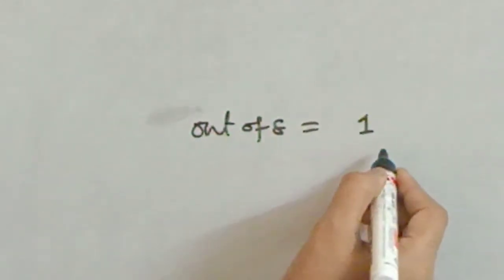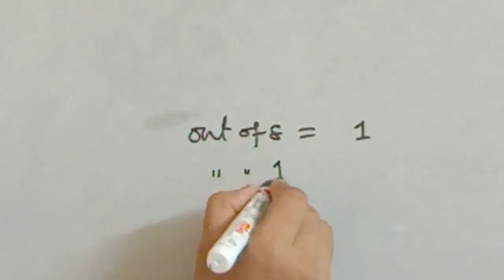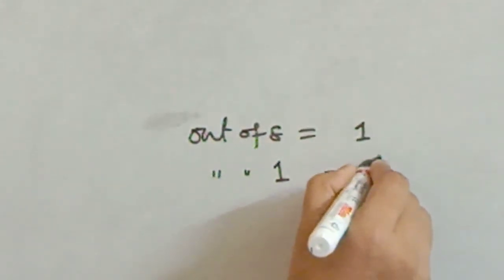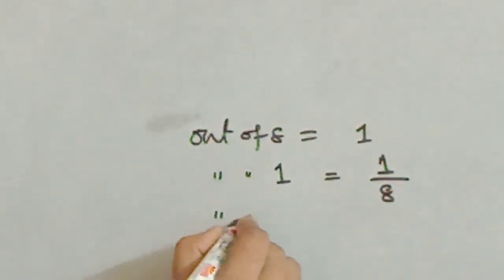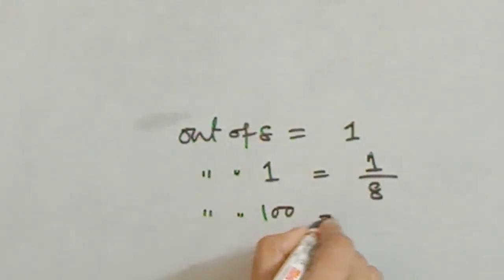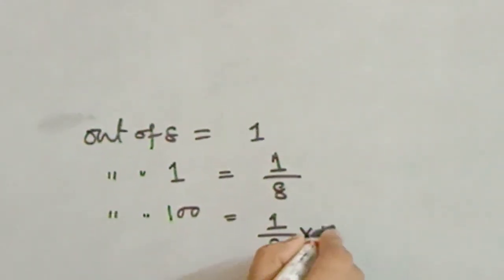As in the unitary method, 1 by 8, this 8 will come down, and out of 100 it will be 1 by 8 into 100.